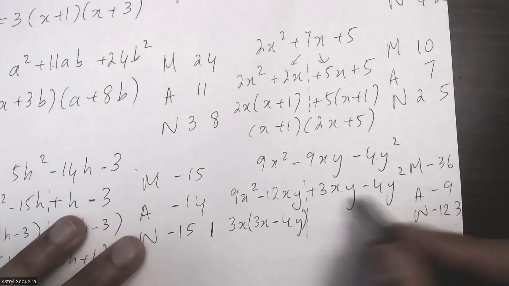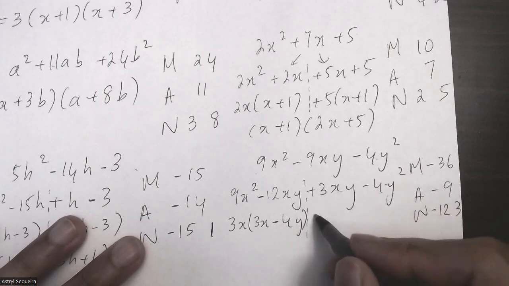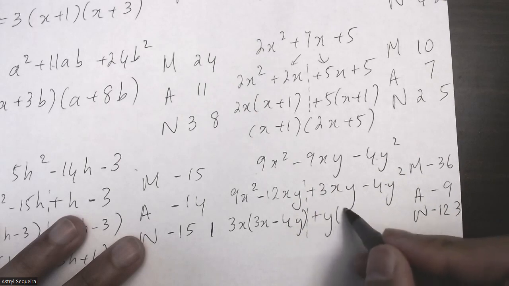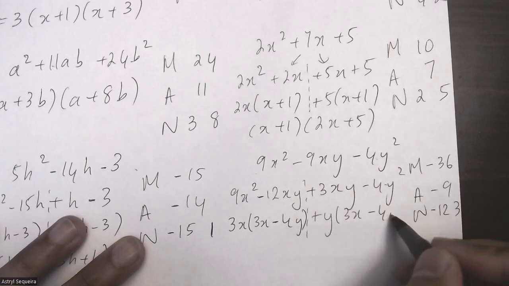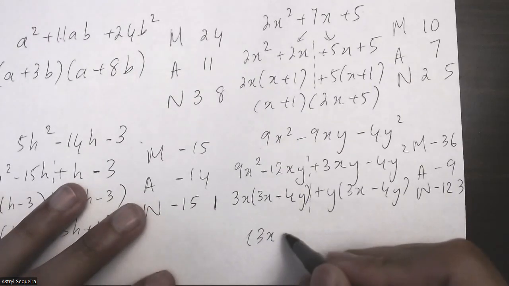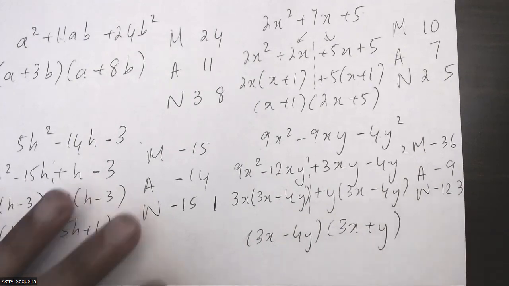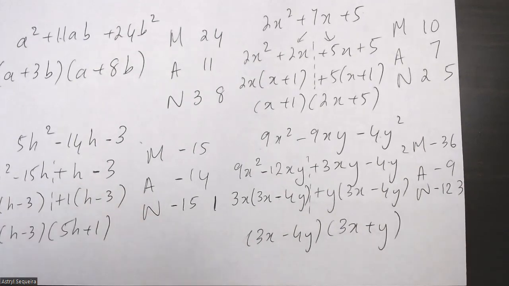For these two, there's no common factor with the numbers, there's no common factor with the x, so it's just a positive y. I'm left with 3x minus 4y. I can common factor out 3x minus 4y, and I'm just left with 3x plus y. And that's my final solution for this one. As you can see, same process, just doing it with the multiple letters.